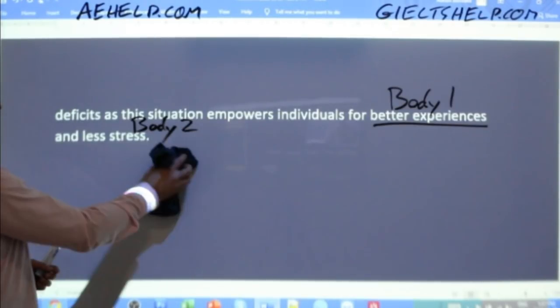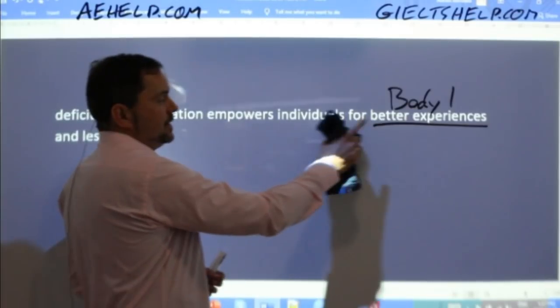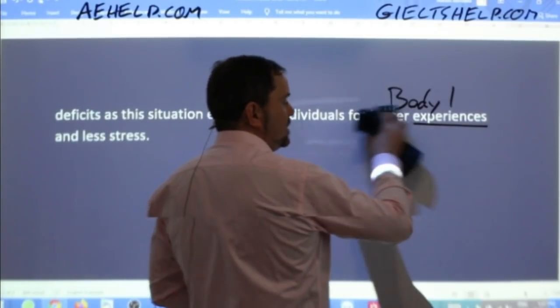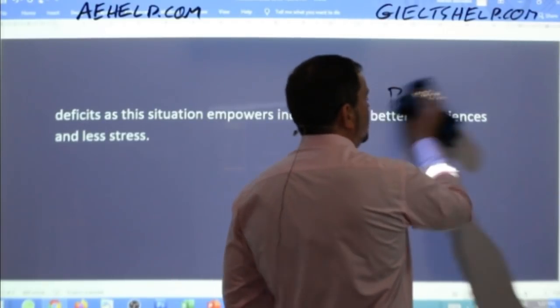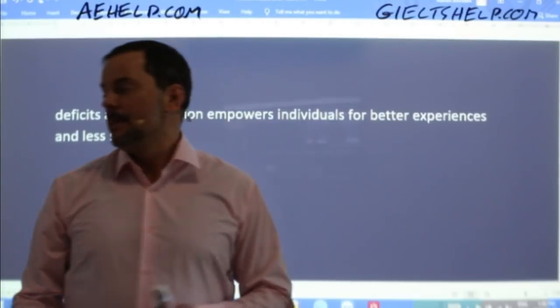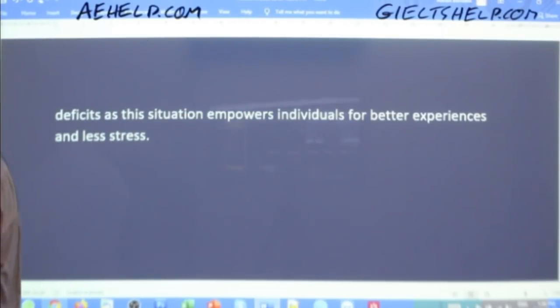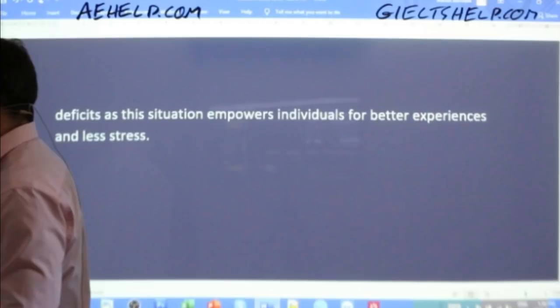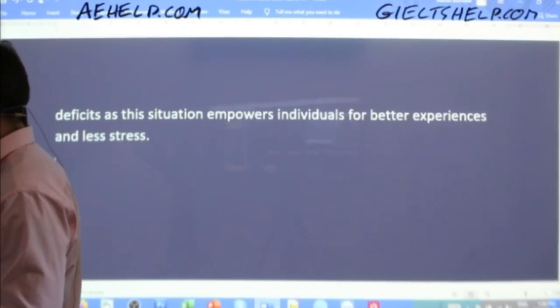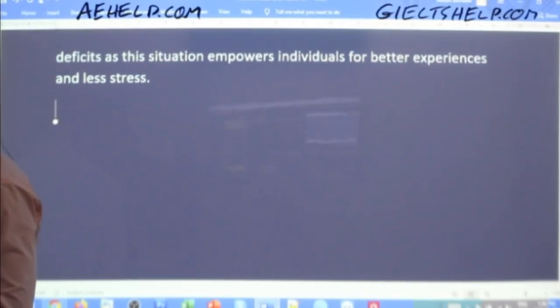Let's develop our body paragraph 1 together first, discussing better experiences as a result of sacrificing time and energy to make more money. So body paragraph 1, of course, will start with our topic sentence that gives the reader the idea of what this paragraph is about.